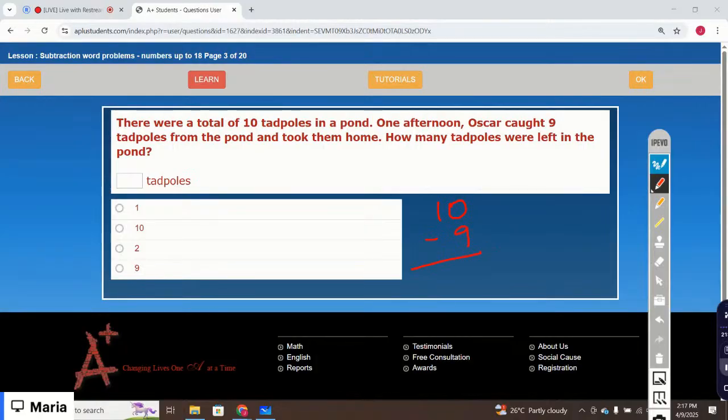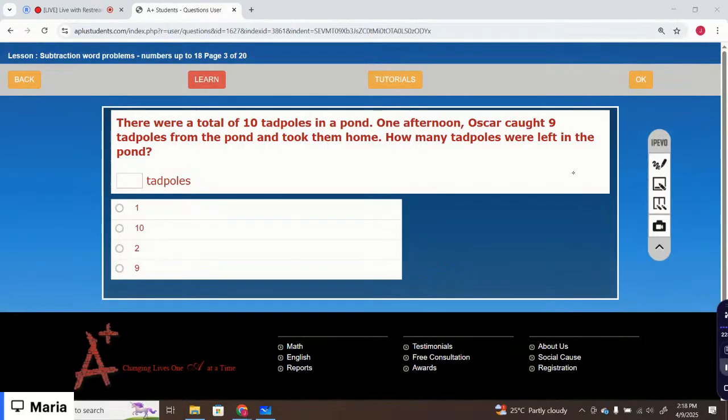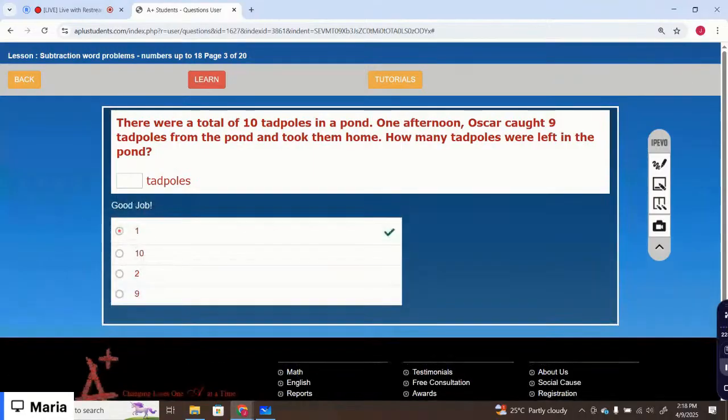How many tadpoles are left in the pond? 10 take away 9 is 1. Option number 1 is the correct option.